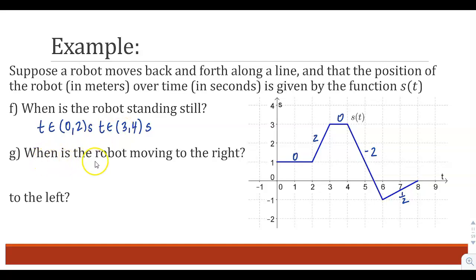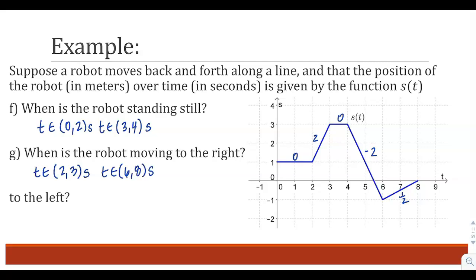And in part G, finally, when is the robot moving to the right and when is the robot moving to the left? So a robot's moving to the right when velocity is positive, and we identified those intervals where velocity is positive. Between 2 and 3, velocity is 2. And between 6 and 8, velocity is 1/2. So we're looking at the time interval from 2 to 3 seconds and another time interval from 6 to 8 seconds.